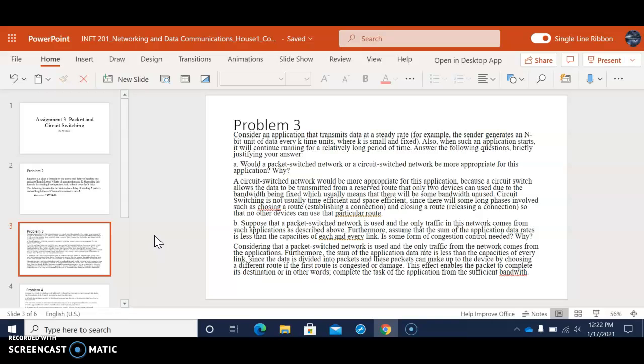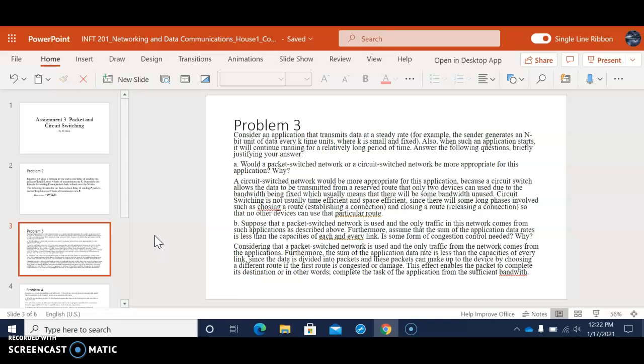So considering the problem that we read here, my best bet would be a circuit switched network. Why, you may ask? Because circuit switching allows data to be transmitted over a reserved route. What that usually means is only two devices can use this reserved route.